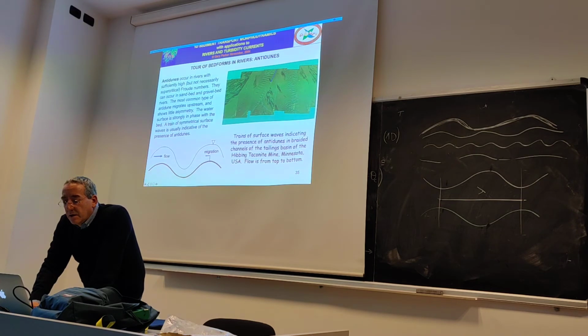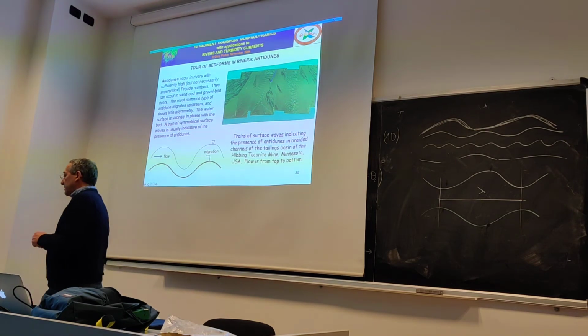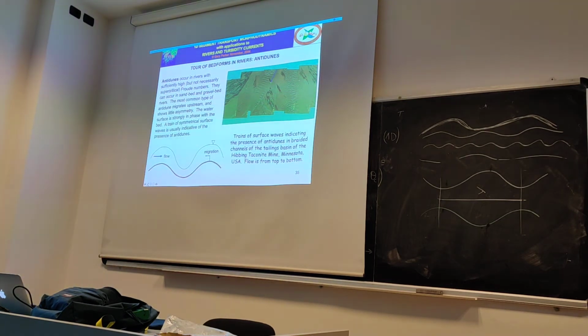Now, if you increase the shear stress, what we did is actually increasing the shear stress from ripples. We were very close to the threshold for motion. Then you have dunes, which is a little higher, but still in the subcritical regime for the river, so the Froude number is less than 1.